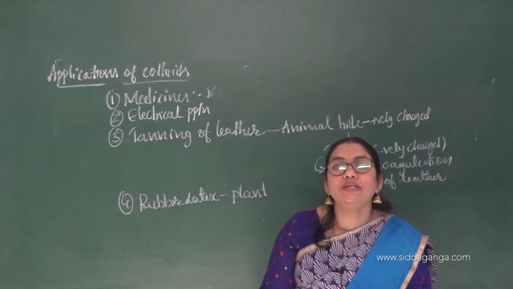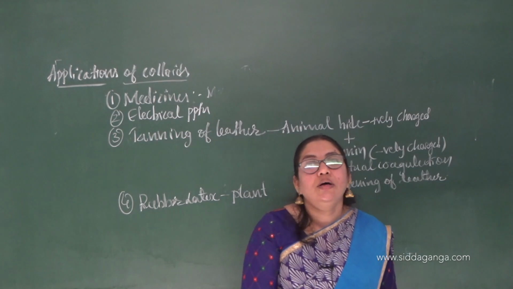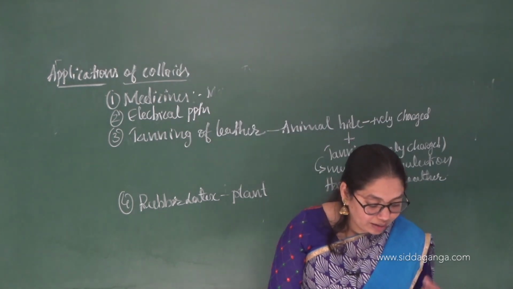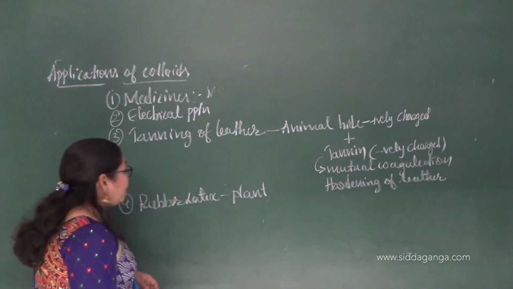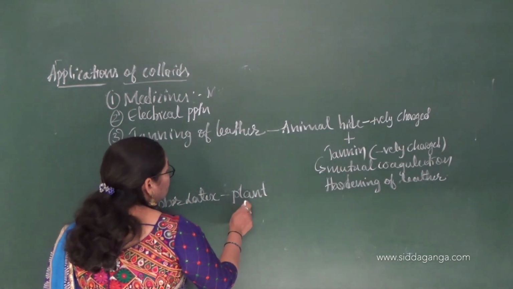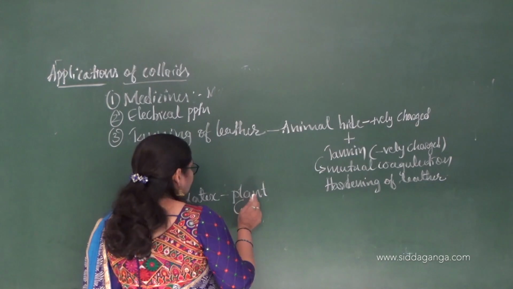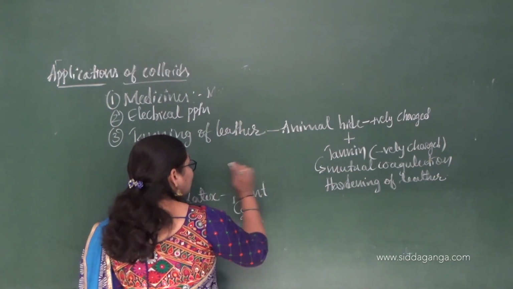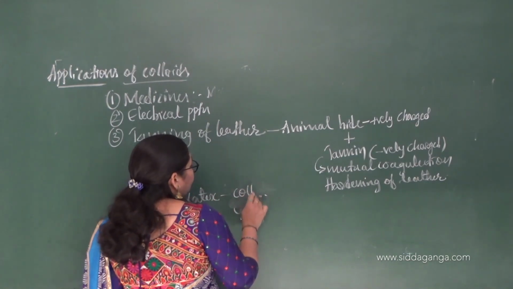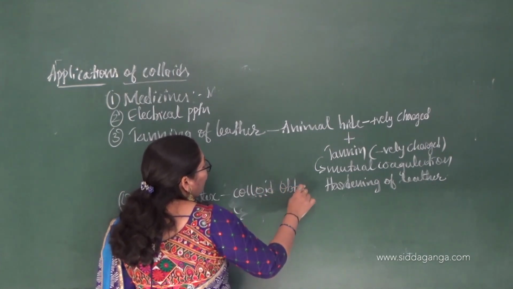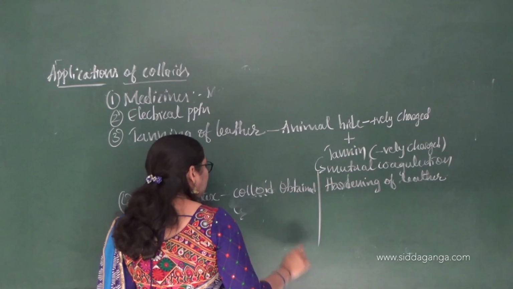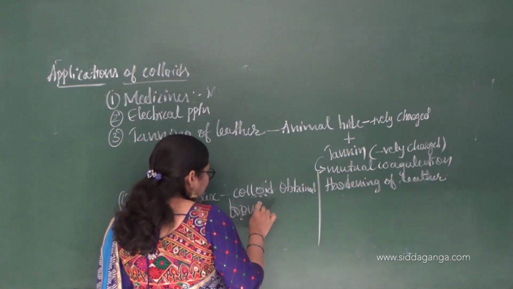The rubber can be obtained by the coagulation of latex, which is nothing but a colloid. Rubber latex is a colloid, obtained from rubber plants.